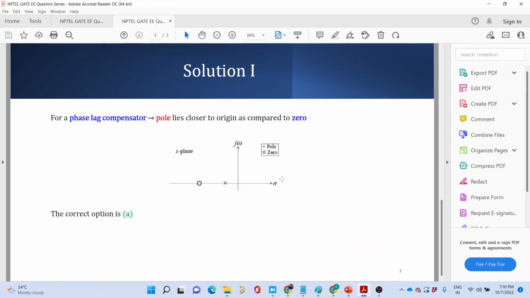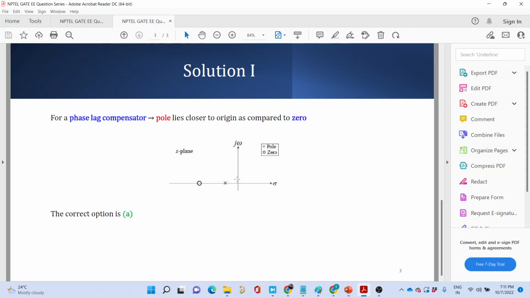Yes, for a lag compensator, the phase should be negative. Correct. So tan inverse of zero minus tan inverse of pole should be negative.